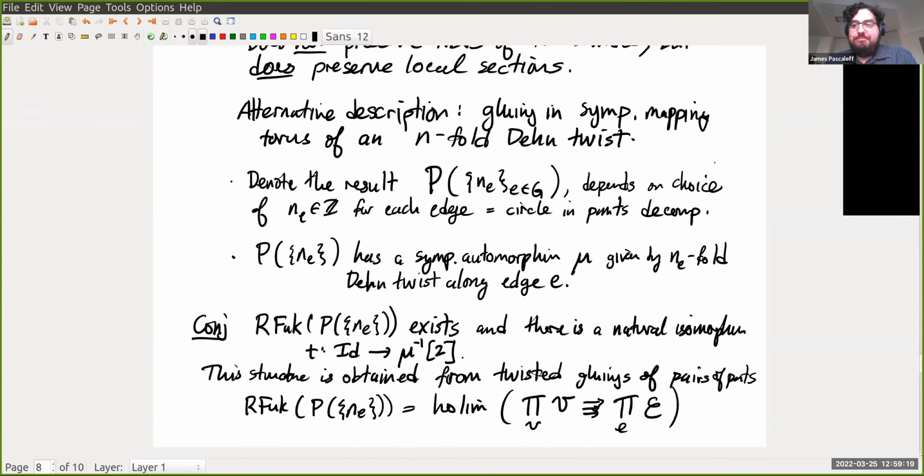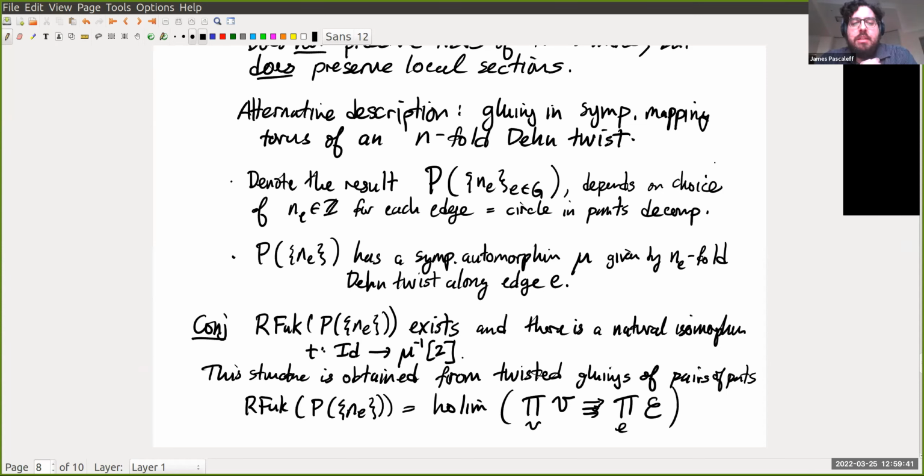And the conjecture is that the Rabinowitz-Fukaya category of this thing exists. I actually have questions about whether that's even reasonable, but let's just say it exists. And there is a natural isomorphism from the identity to this monodromy mu shifted by 2, or I wrote it as mu inverse, but okay.